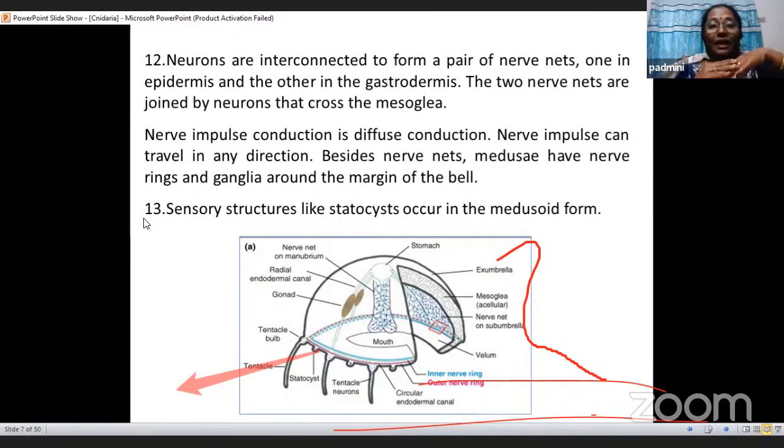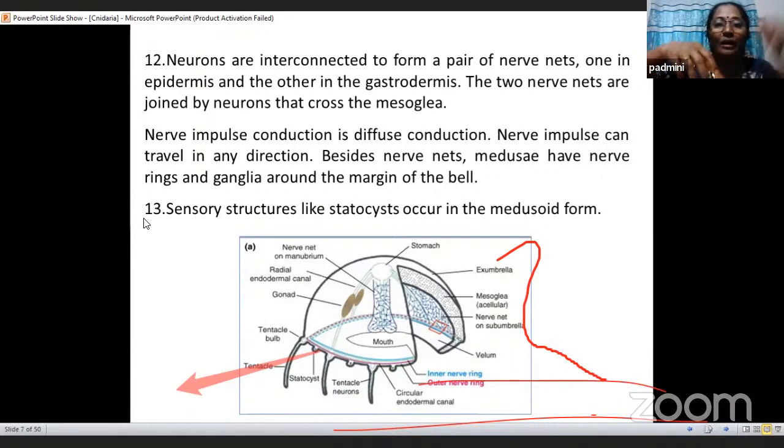For example, if our nervous system is something like this diffuse conduction, what will happen is, if you are holding a hot iron rod, your brain has to give signals to the muscles of the hand to release it so that you are safeguarding your skin.